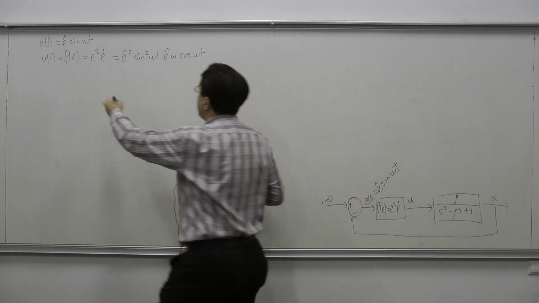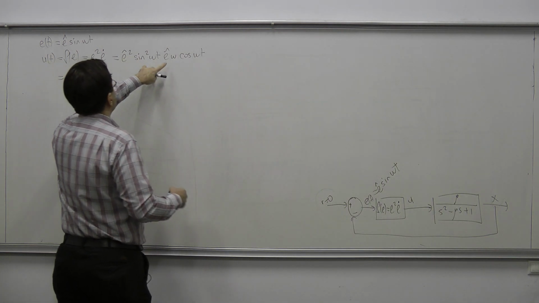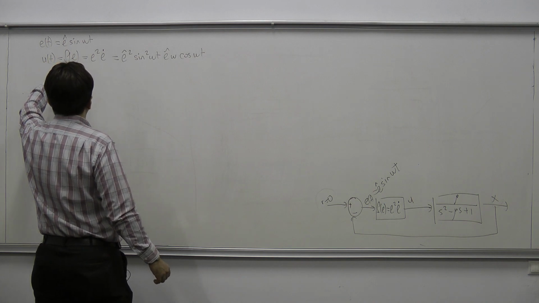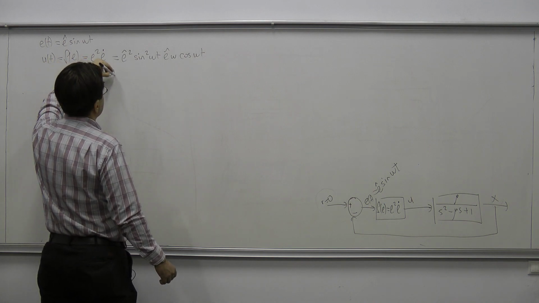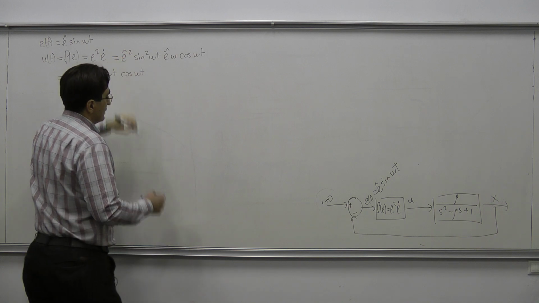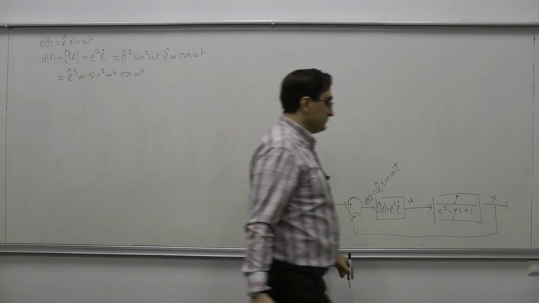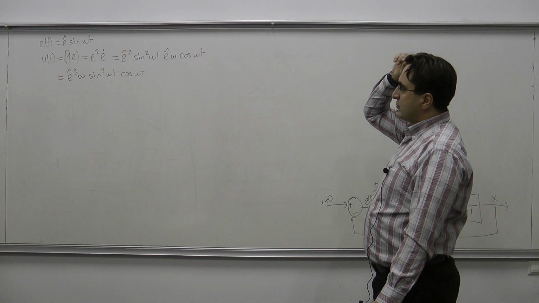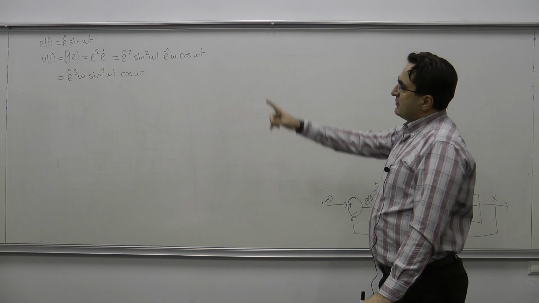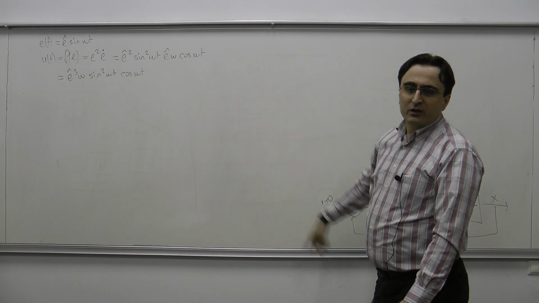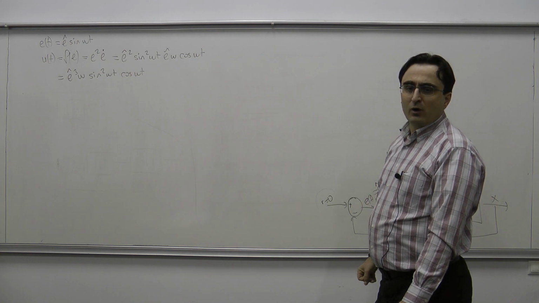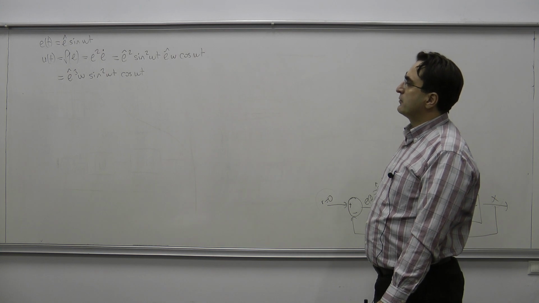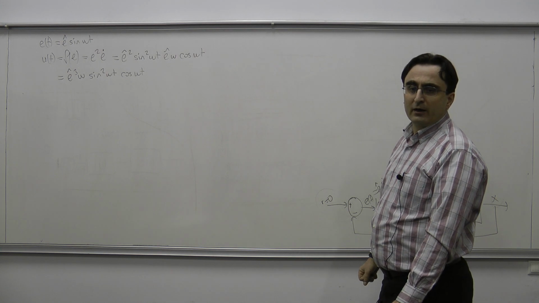So now let me collect all of the like terms together. E hat cube, I have omega, sine square omega t, cosine omega t. So you see that this is a quite complicated term, but you see that it is still periodic with the frequency omega. Okay? This term is still periodic with frequency omega.